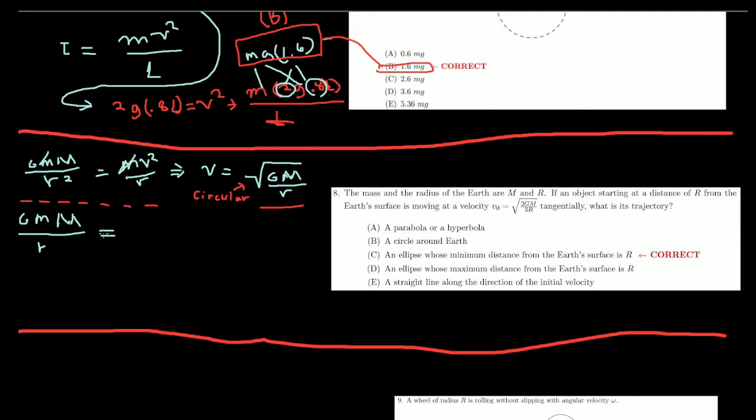Now this equals our kinetic energy, which is just going to be 1/2 mv squared. This is going to result in the square root of 2gM over r, and this is escape velocity.